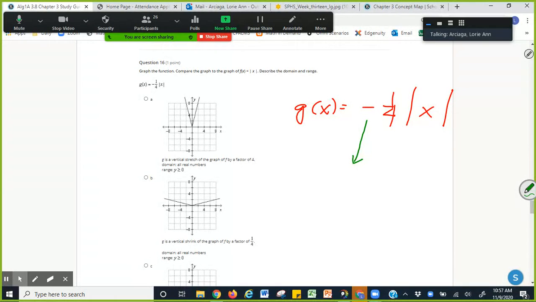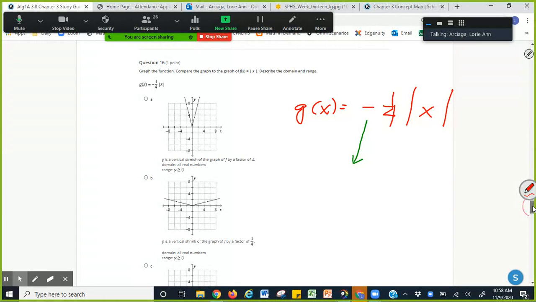In the graphic organizer, when there's a negative, the graph flips downward. So we're looking for a graph that's opening downward. This one is wrong because it's not flipped downward, and this one is wrong too.